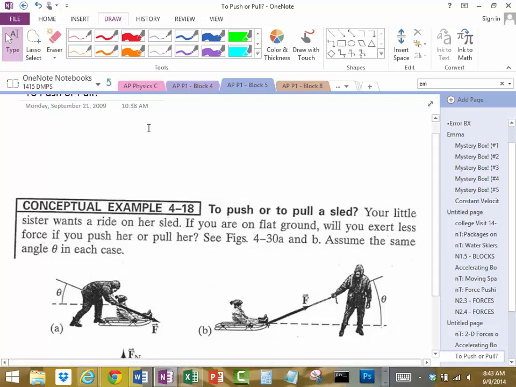Your little sister or some other small person or maybe... I will tell you that it is not on either. Discuss at your table.